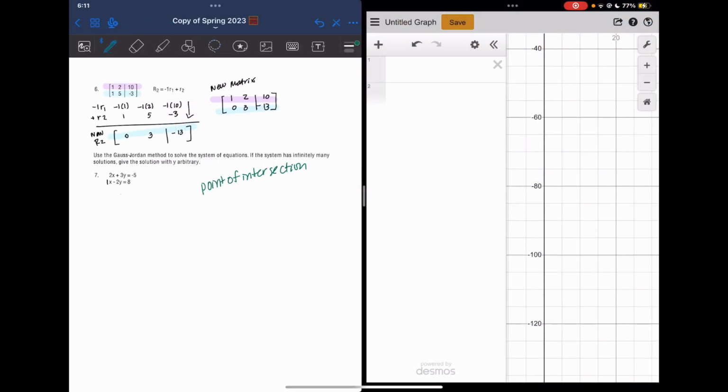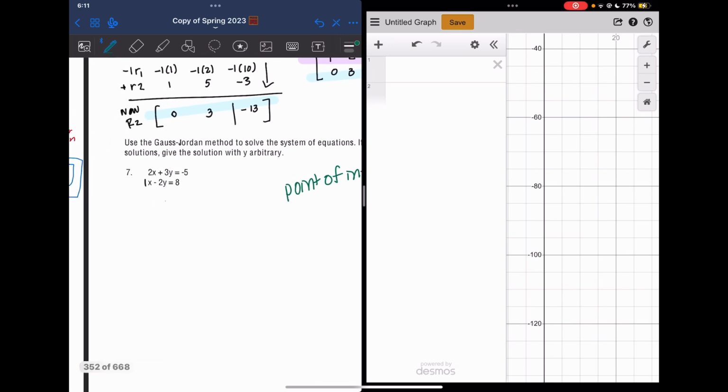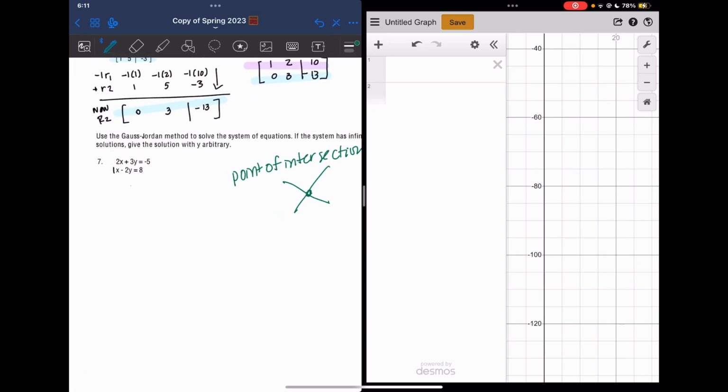For number 7, it says use Gauss elimination on the system of equations, find the arbitrary y. All we're going to do is enter these equations of the system and look for the point of intersection. The point of intersection is where the lines cross. We're just looking for that. Given the solution of arbitrary y, I don't have that in the assignment.